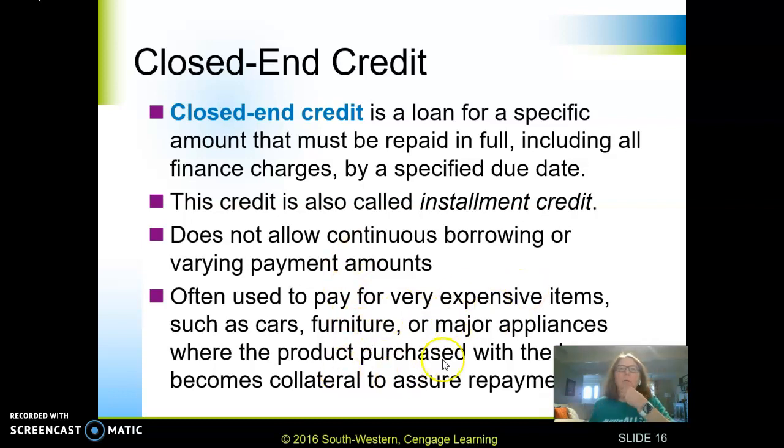We typically use closed-end credit to buy cars and houses and furniture and major appliances and things like that. So open-end credit and closed-end credit are the two big types. There's also something called service credit, which you can look at if you really want to.